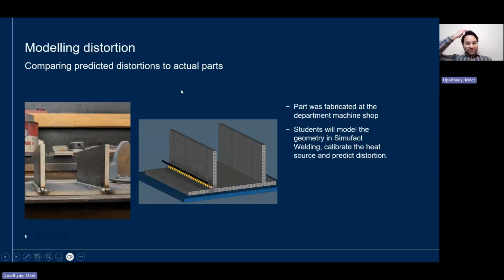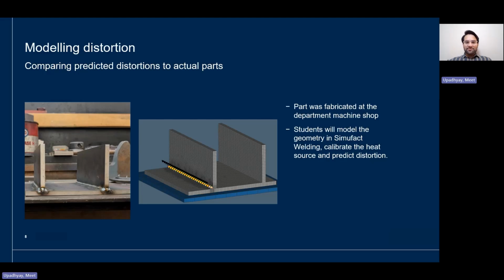Then they actually get to do another example where we try to look at a real part that we build in our machine shop over here. And they try to predict the distortions for that particular geometry. So they would model this particular geometry in Simufact Welding.